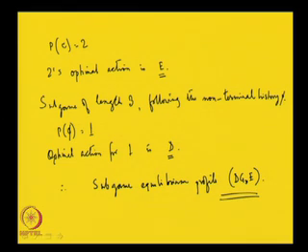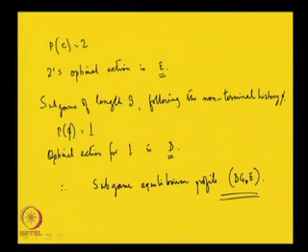Player 1 is saying that after the history phi I am going to play D, and if CE is the history, then I am going to play G. And player 2 is saying that if you play C, I will play E. And this is the only subgame perfect equilibrium in this game.